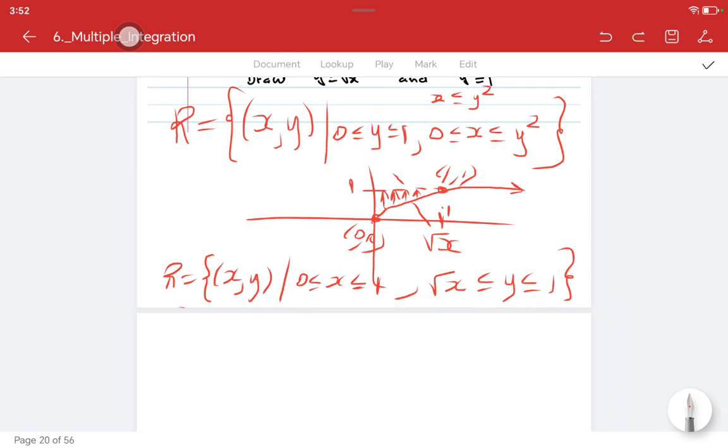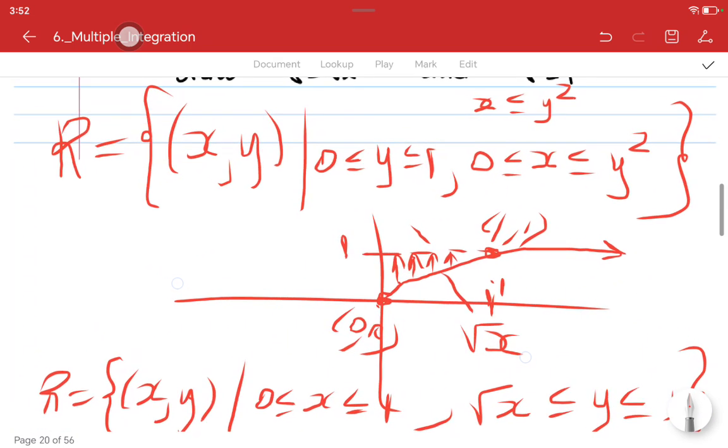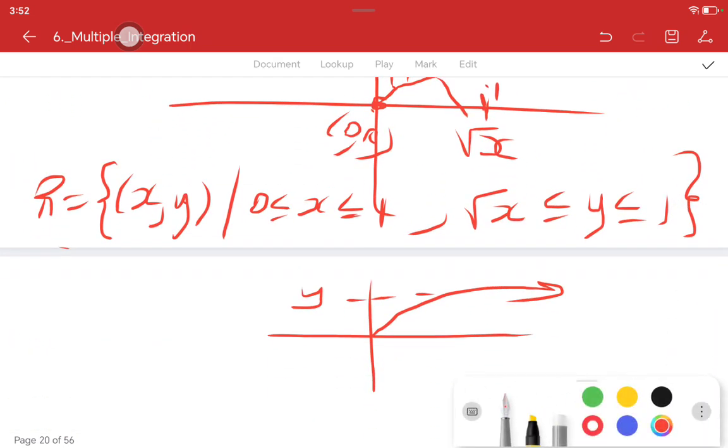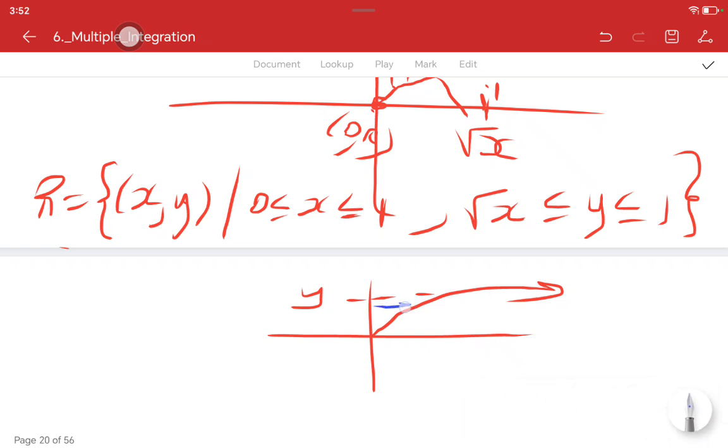So for type 2 region, we're going to draw the same graph. We have the same graph, y. Now, this is going to point this side. You say right? It's going to point to this side. Now, remember this was 0, 0.